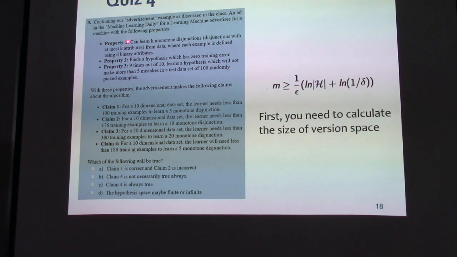And then what if they're different? If the number of the monotone disjunction is not equal to the number of the dimension, then you need to use another formula.